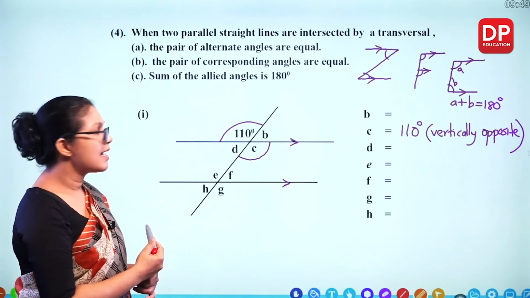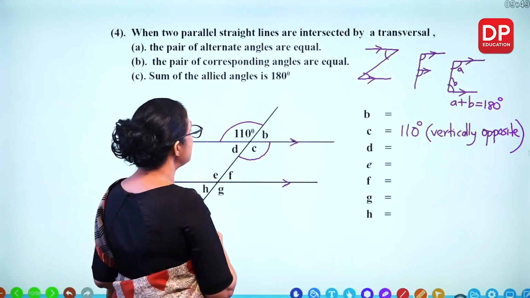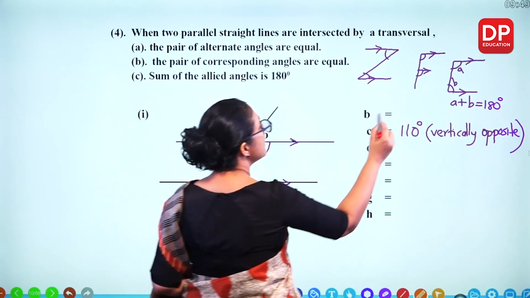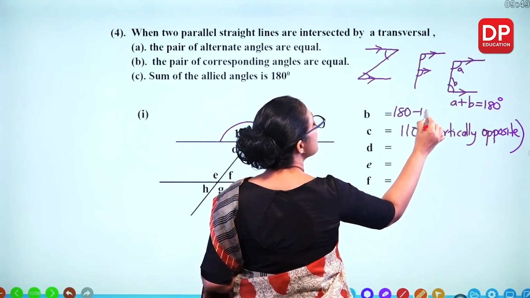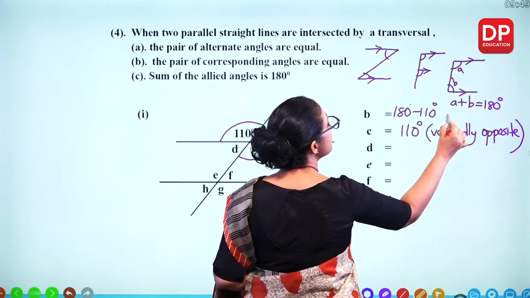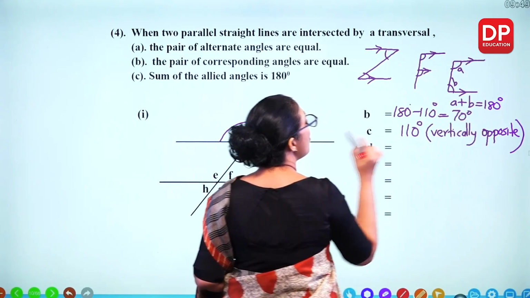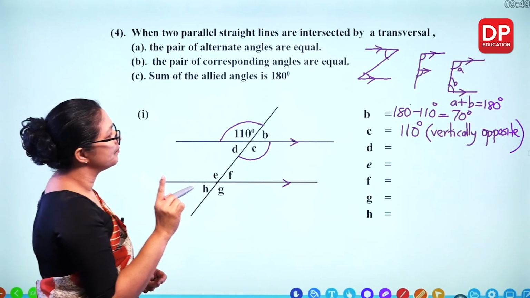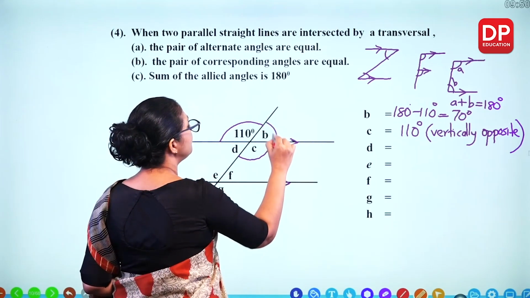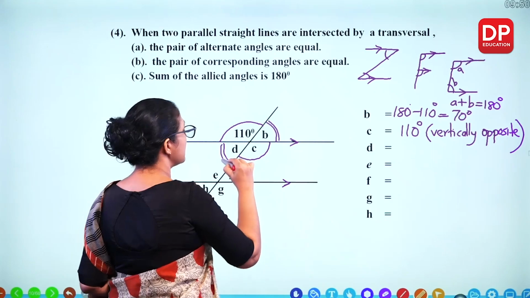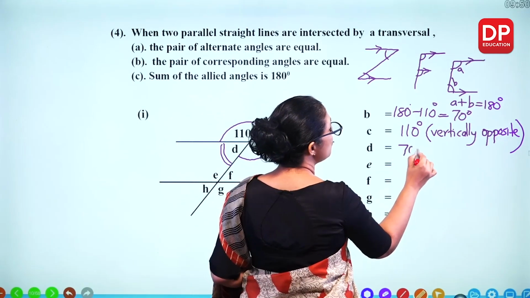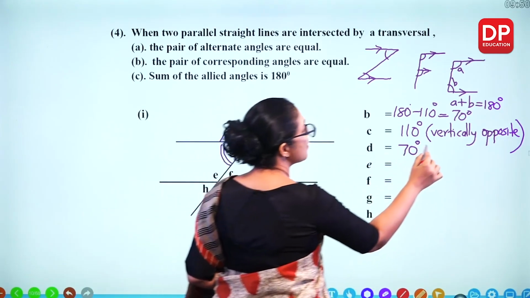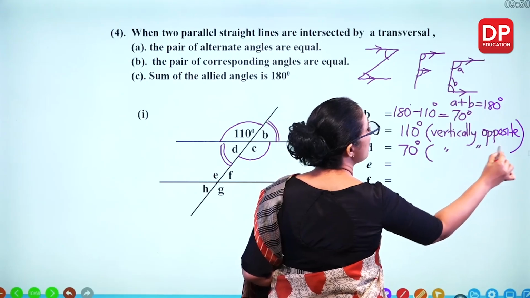By subtracting 110 from 180, we can find out B. 180 minus 110, that's 70 degrees for B because of straight angle. B is equal to D. D is equal to 70 degrees because of vertically opposite angles.